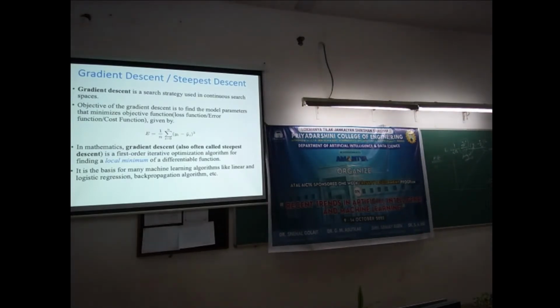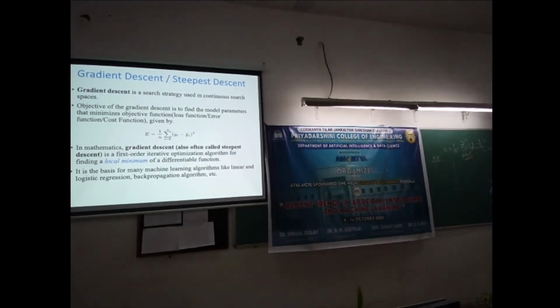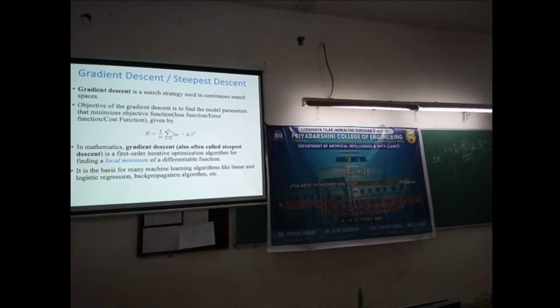So that's why they sometimes write 1 by 2n, but that doesn't make much difference, because this is an iterative algorithm that will converge. Don't get confused if somewhere it is 1 by 2n when it should be 1 by n; for adjustment of the derivative terms they make it 1 by 2n.